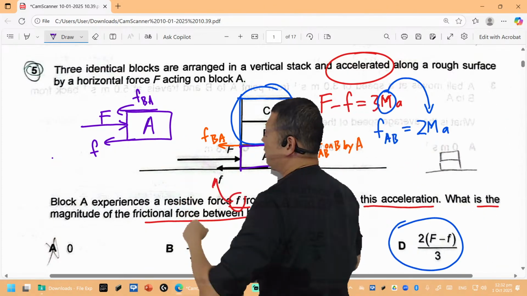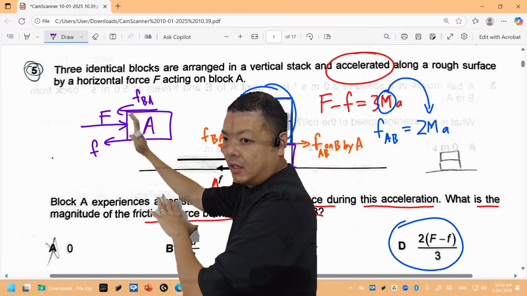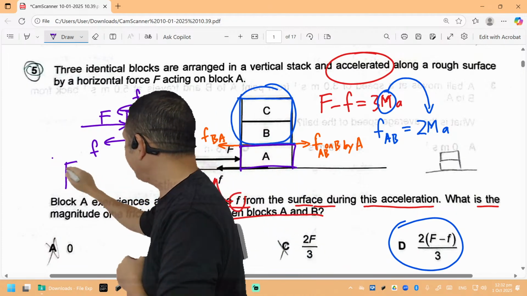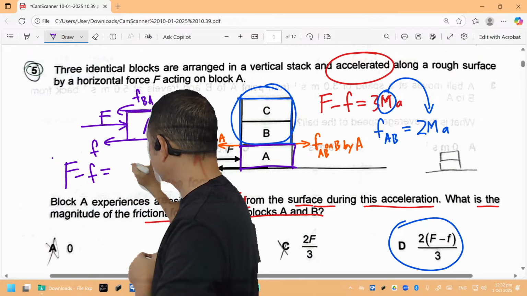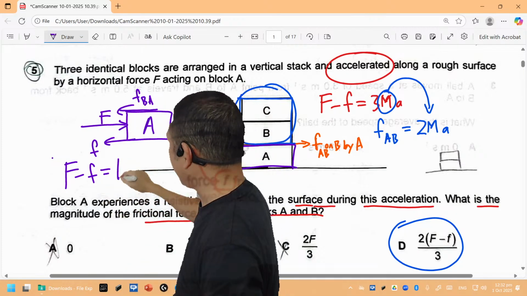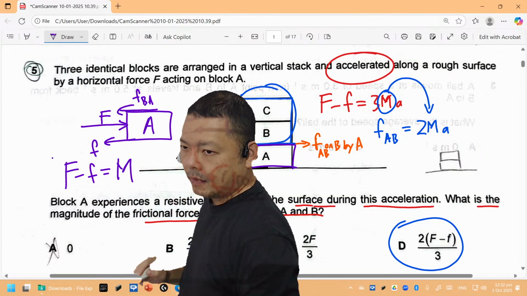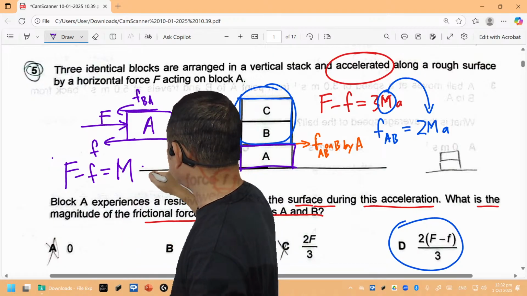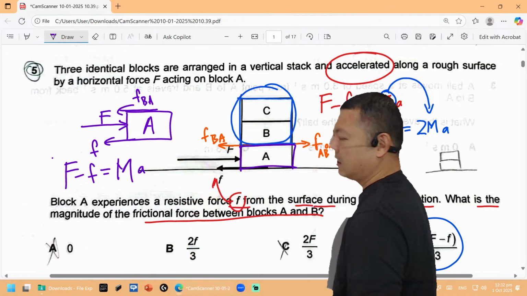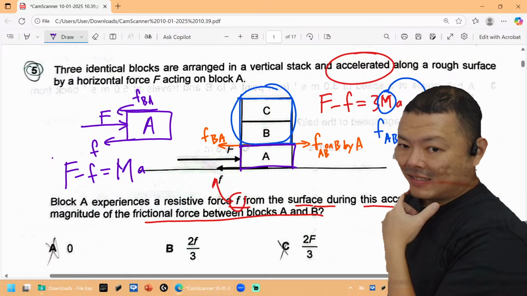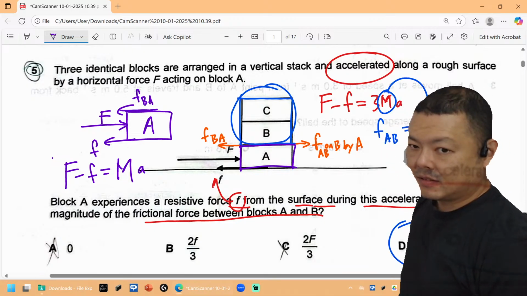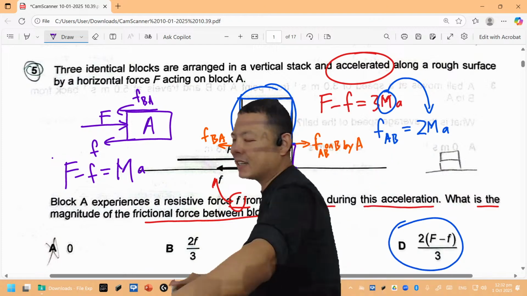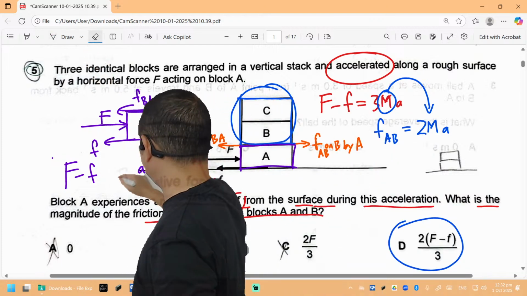So if you look at object A, now we write an equation for object A. So F minus F equals to, now A is only one object, so M times A, like that. Oh, sorry, F minus FBA, sorry about that, I forgot about that.